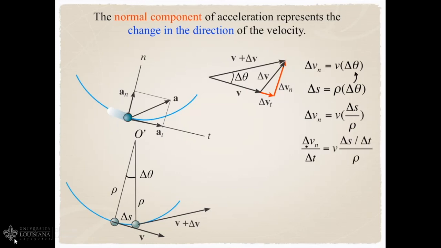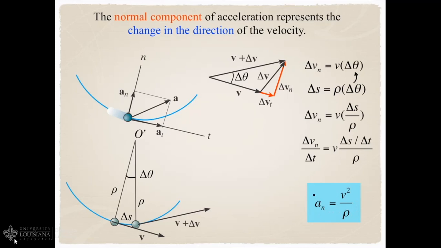When I do that, on this side I have delta v sub n divided by delta t, and over here we have delta s divided by delta t. We know this to be the velocity in the limit, and this, of course, becomes a sub n, the acceleration component in the normal direction. Therefore, this v will multiply by this one and give us this equation. V squared divided by rho is equal to a sub n.